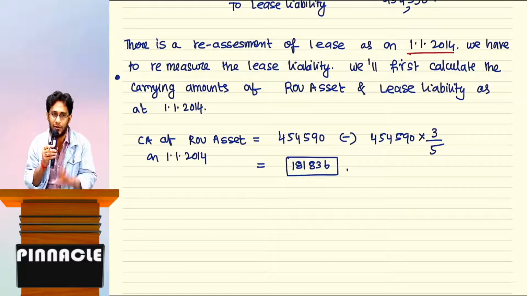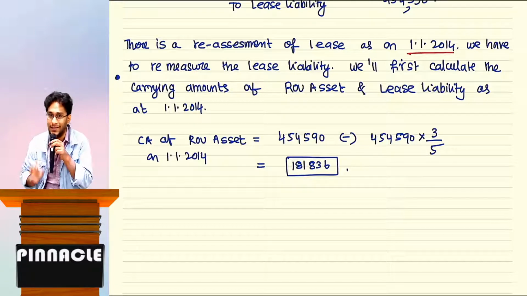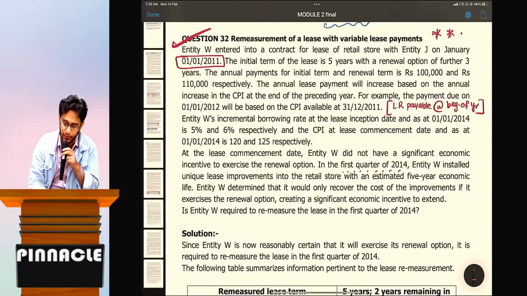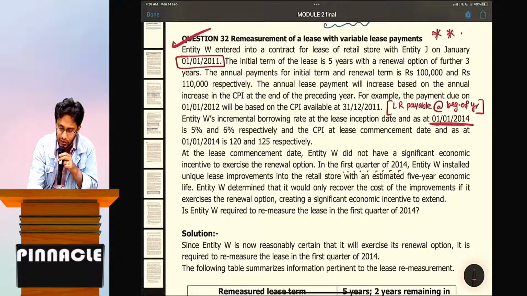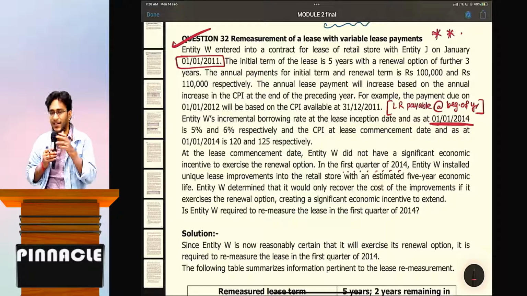Another issue is, now that there is a change in the lease term because of your reassessment, you have to use the new discounting rate. Look at the question data. They gave you a new discounting rate as of 1/1/2014. But if I take the discounting rate of 1/1/14, how can I write the entry in the third quarter, sir? So it is indirectly assumed that the reassessment happened on 1/1/2014 only.